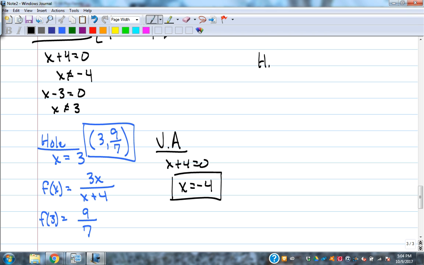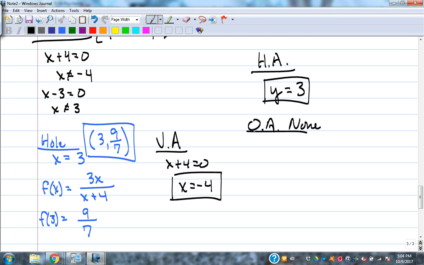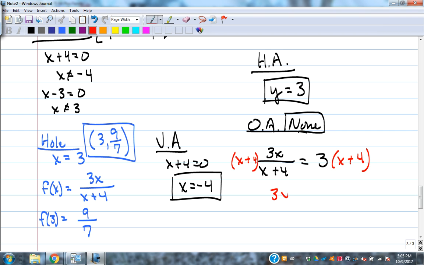Y'all said it had a horizontal asymptote at y equals 3. So the oblique asymptote would be none. And does it cross the horizontal asymptote? We're going to set 3x over x plus 4 equal to 3. Now, why did I put 3x plus 4? It's just x plus 4. So that's going to be 3x equals 3x plus 12.